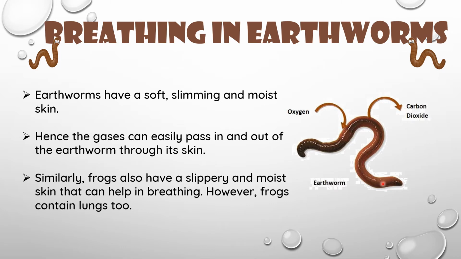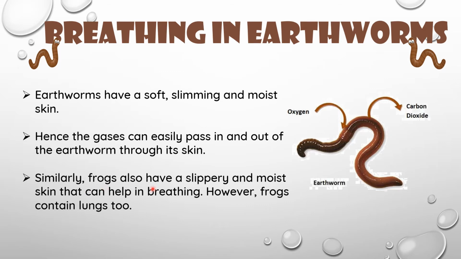So its breathing, or the exchange of gases, happens through its skin, because the skin is moist, soft and slimy. That is why the gases pass in and out through its skin. That is very important: earthworm breathing through skin.